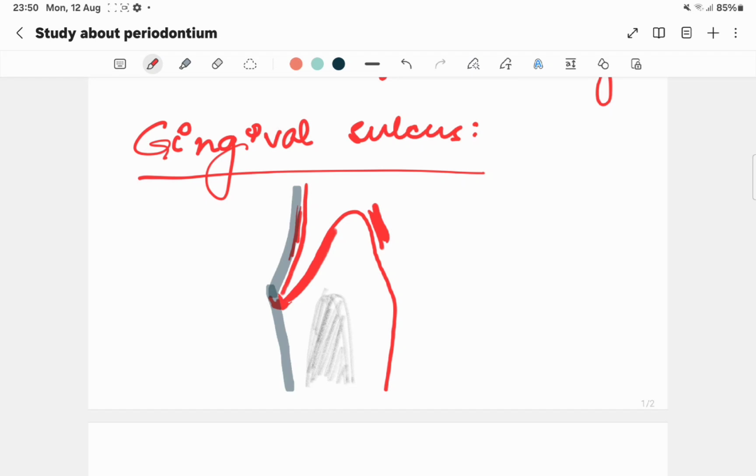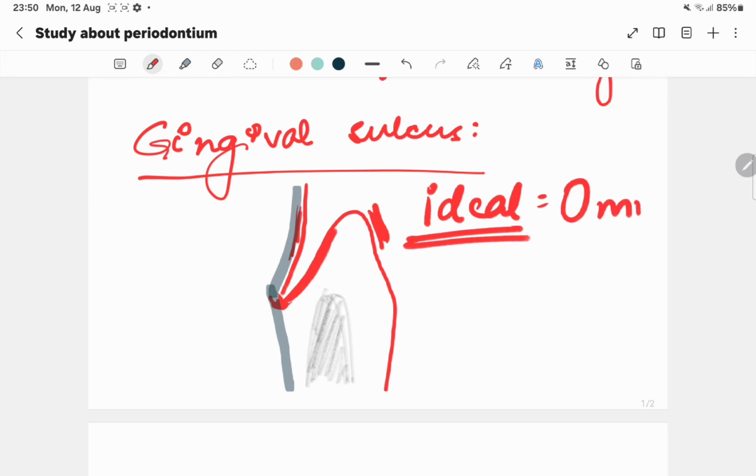The normal depth of the gingival sulcus in an absolutely ideal condition is zero millimeters.